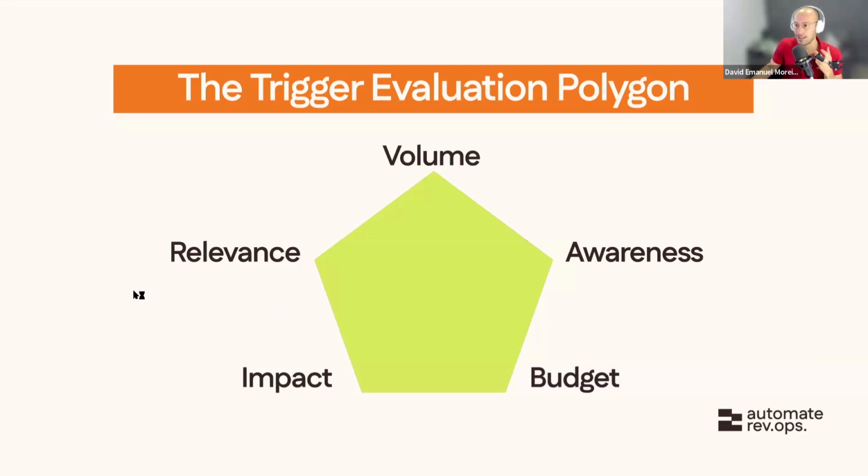Awareness is also about what stage of problem recognition the trigger indicates. In some cases a trigger will indicate that a lead is ready to buy. In other cases, it will indicate that a lead is starting the buying process.